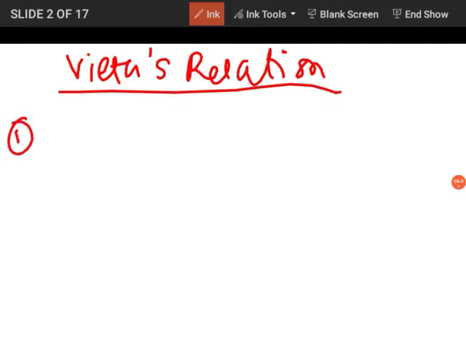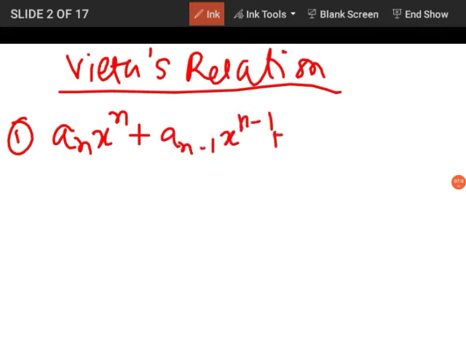First of all, let us write the general equation of n degree. So a_n x^n, and I'm just skipping all these terms, and a naught is equal to 0. So this is a general equation, correct?